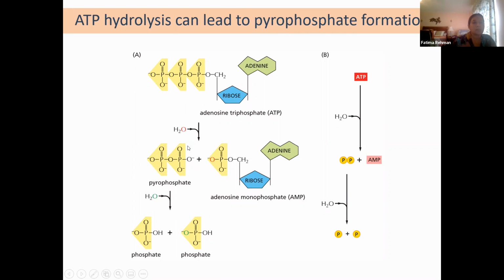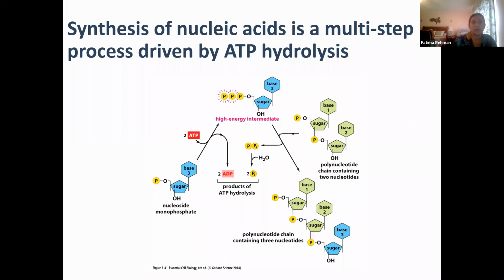And so both of these require a water molecule to break down first the bond between the two phosphates on one side and the adenosine monophosphate on the other. And then this pyrophosphate molecule is further broken down by breaking the oxygen bond between them, again with a second water molecule. And so this leads to release of two phosphate molecules that can then be used to fuel reactions.